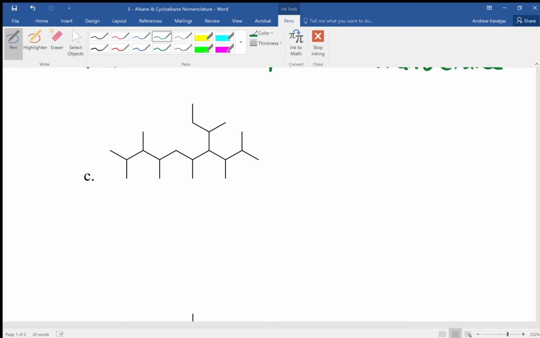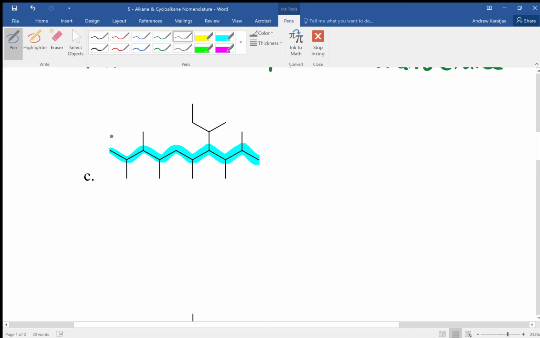All right, how about part C? Again, I think we can see fairly easily that our longest chain goes right down the center of our drawing. But here, determining direction is going to be a little bit more difficult.